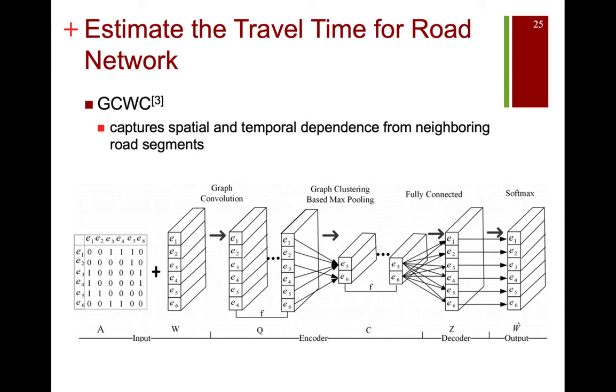And then the output will be compared with the ground truth, which is the one with the full travel time distribution values.